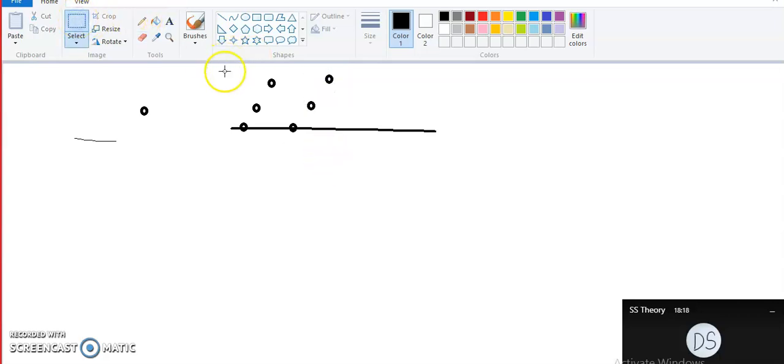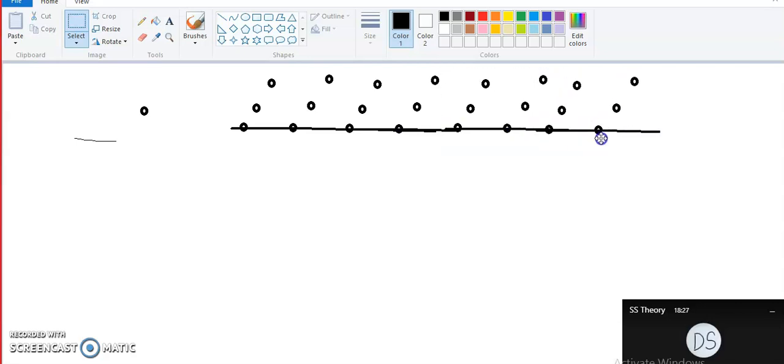It means this signal repeats its values like this. It repeats its values. So it is a periodic signal.